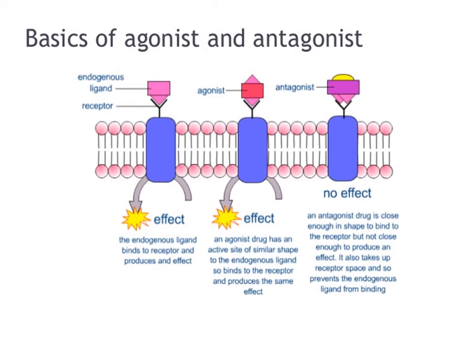Okay, an agonist is typically a drug that behaves exactly like the endogenous ligand. The endogenous ligand is just like saying your natural molecule. So an agonist is a drug that's behaving exactly like the molecule that is made in your body to attach to that receptor. So it's going to cause basically the identical effect. What's an antagonist?